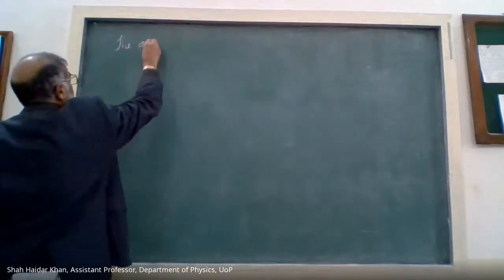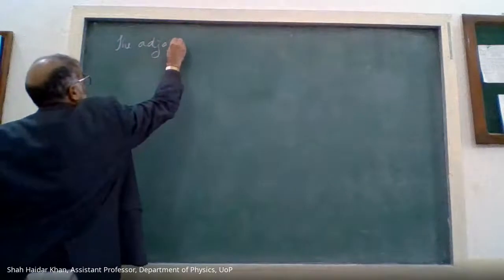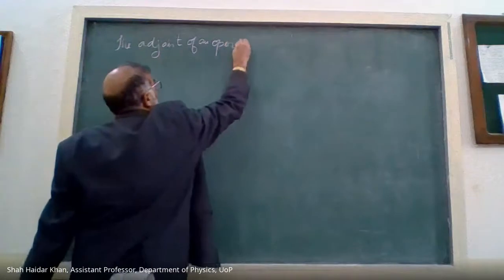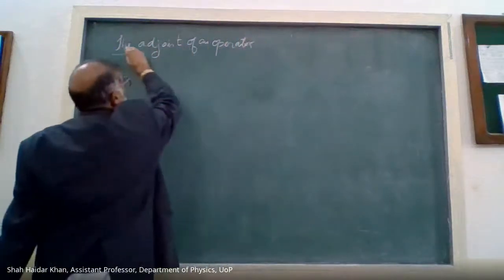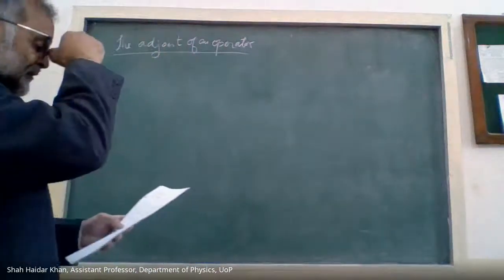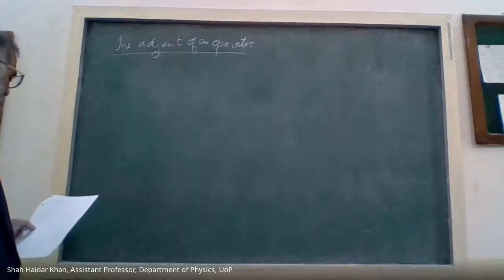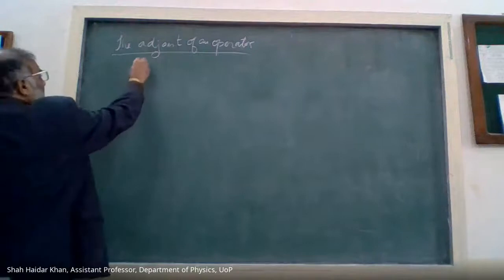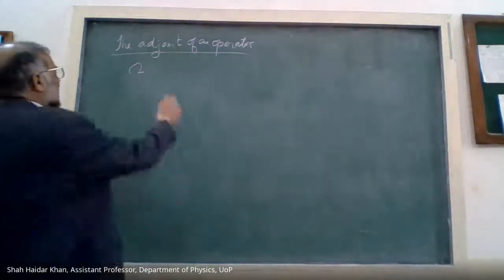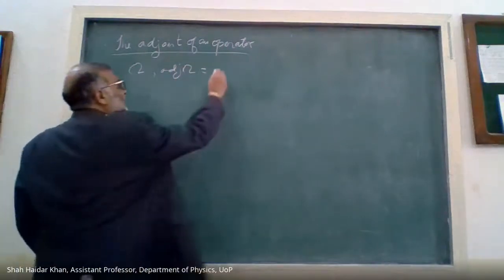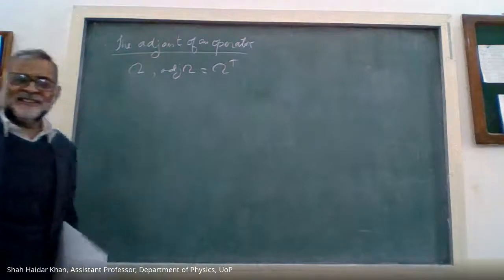Okay, what is the adjoint of an operator? The adjoint of an operator, right? If we have an operator omega, its adjoint will be represented by omega dagger.